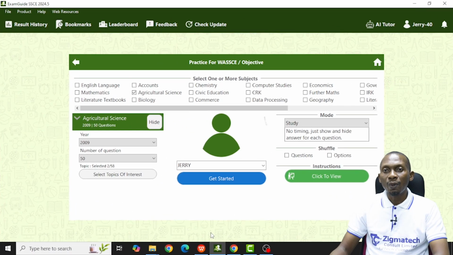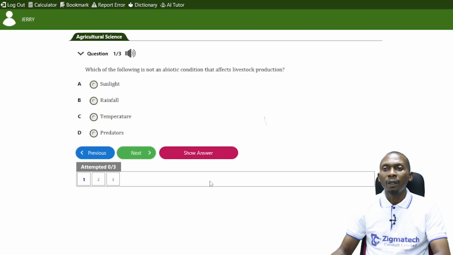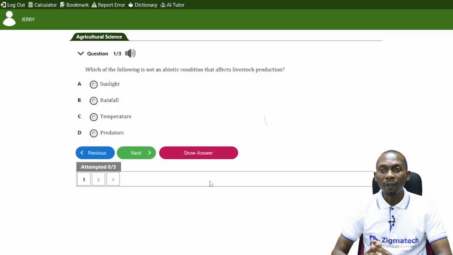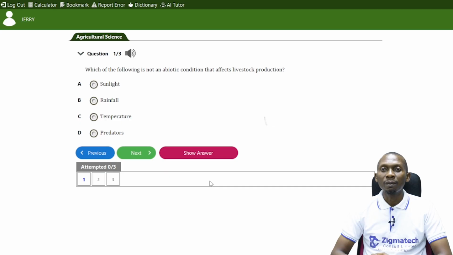So let's take a look at some questions, to test our level of understanding of what we have just learned. Now, this first question says, which of the following is not an abiotic condition that affects livestock production?